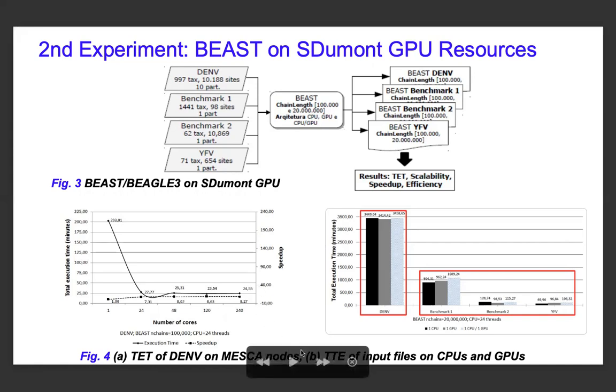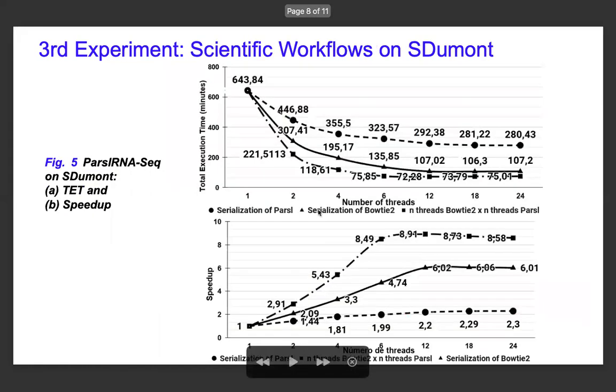And finally, the third experiment is based on the performance of the scientific workflows in Santos Dumont. The scientific workflows in Santos Dumont are used to concatenate different bioinformatic applications. Then we use Parsl, a parallel language for managing these scientific workflows.